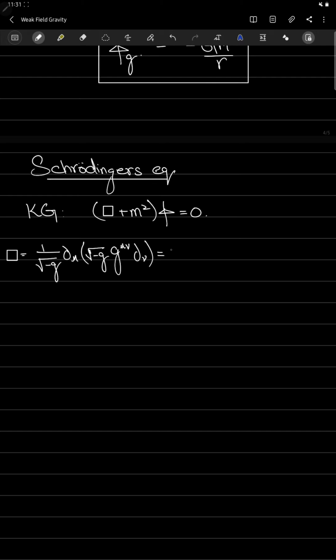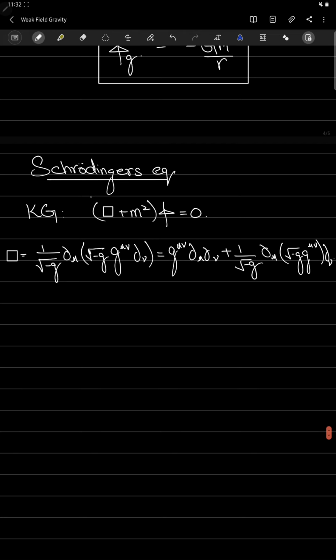Simplifying a bit, you can take g^{mu nu} partial mu partial nu, and you'll add to this 1 over square root of minus g, partial mu on square root of minus g g^{mu nu}, times partial nu, right? Now remember, what we started with in fact was that g_{mu nu} is equal to eta_{mu nu} plus kappa h_{mu nu}.